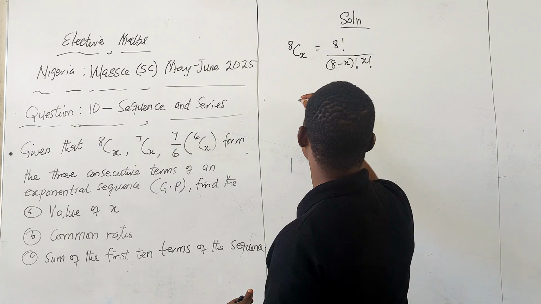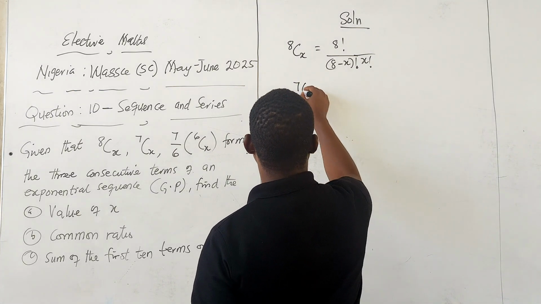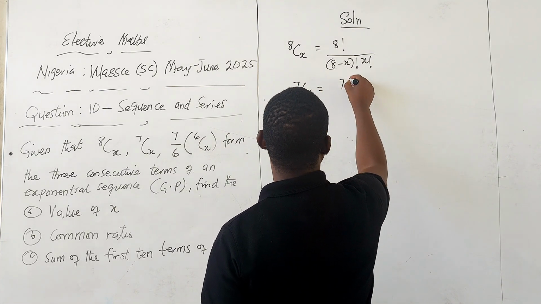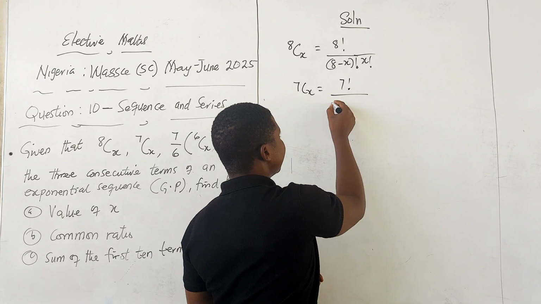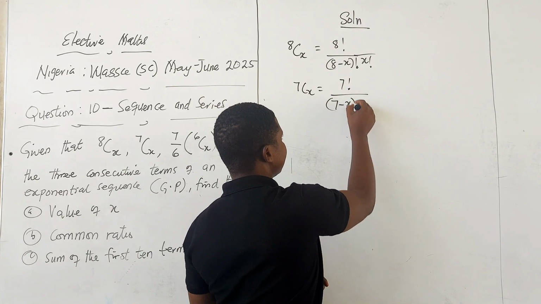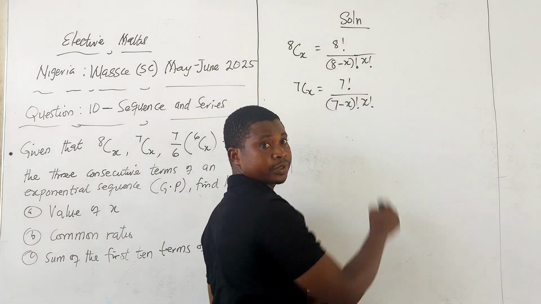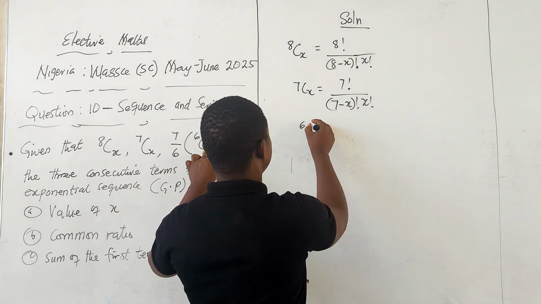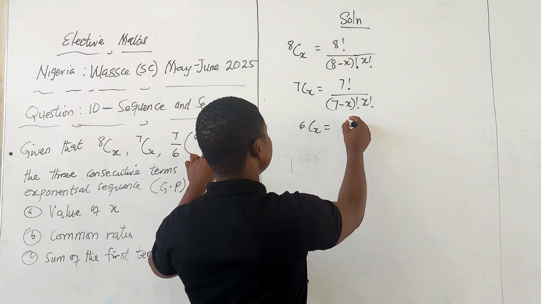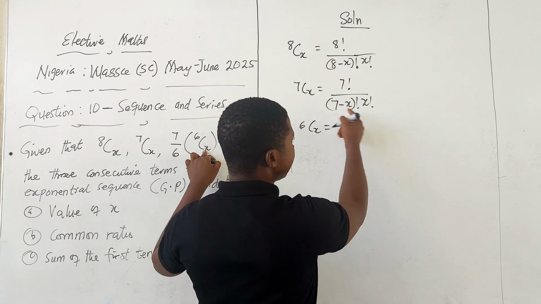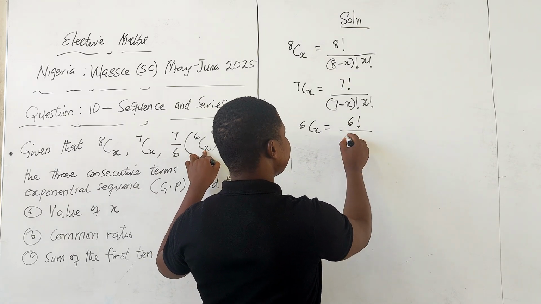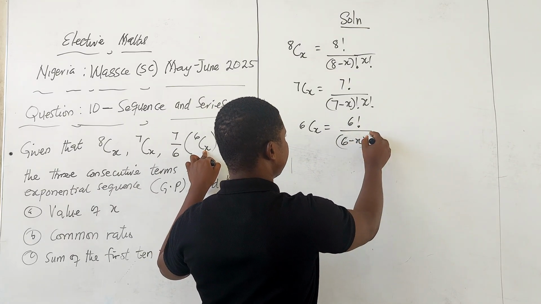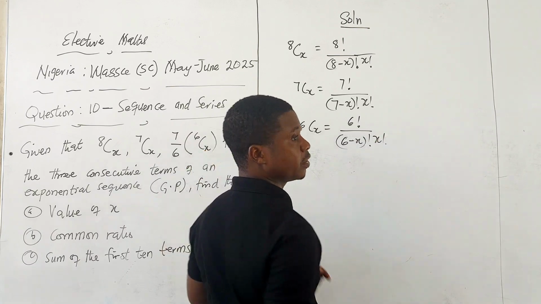Then 7 combination x will give us 7 factorial over 7 minus x factorial, x factorial. Then 6 combination x will give us 6 factorial over 6 minus x factorial, x factorial.